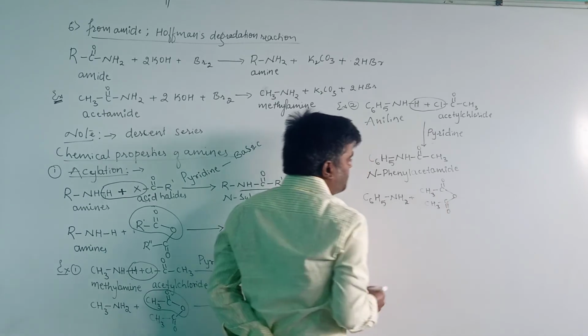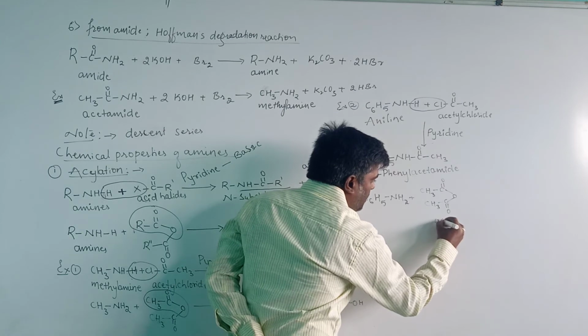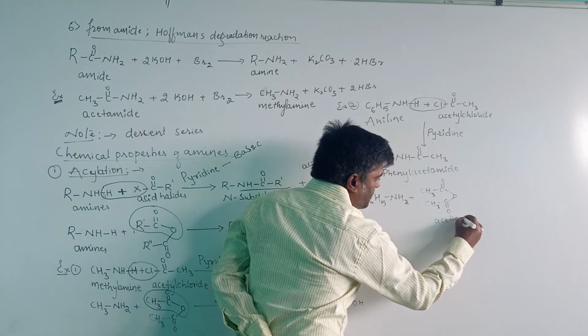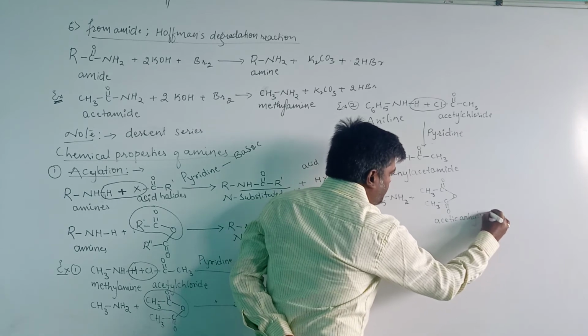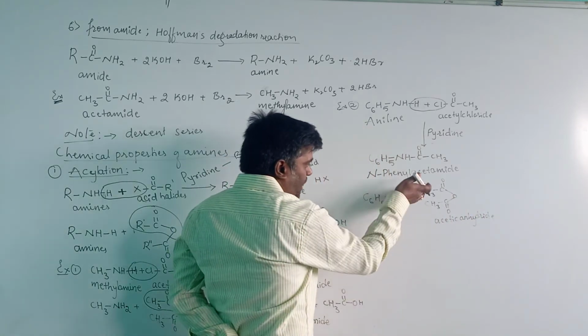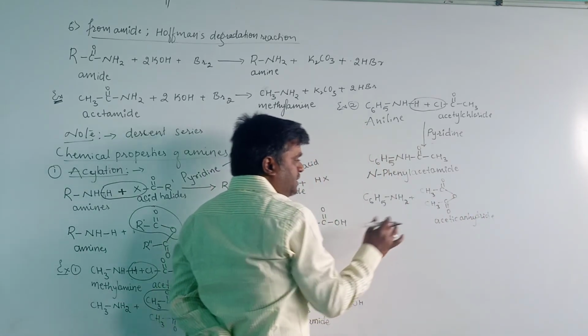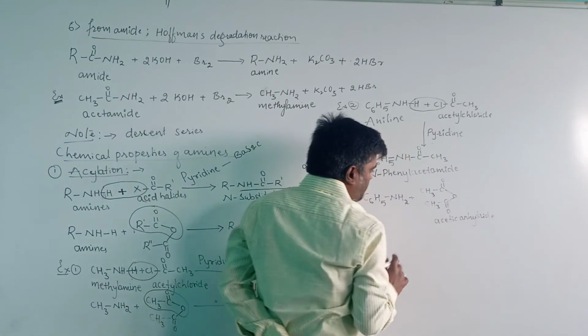The name for this compound is acetic anhydride. If you take the R group here, we will generally represent it as an anhydride.